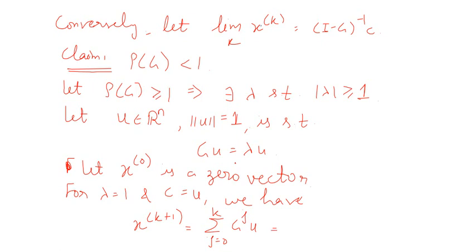If you apply G u equals lambda u, this equals k plus 1 times u, which tends to infinity as k tends to infinity.